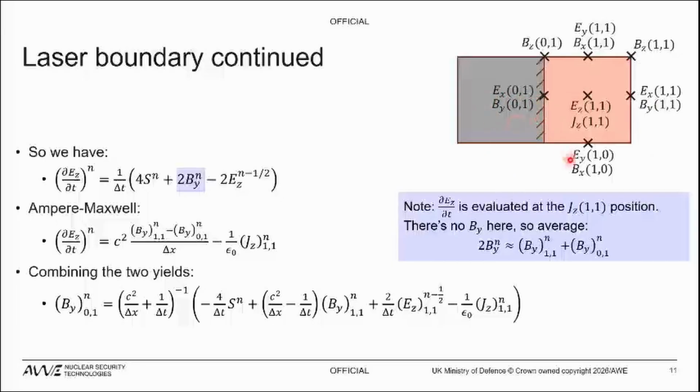So we've now introduced this to our equation, and when you combine that with the Ampere-Maxwell law, a discretized form, you can obtain this convoluted expression for By on our boundary, where the only assumption is that we have a laser coming in, parameterized by this S term here. And so by doing this, we can inject lasers into our simulation.